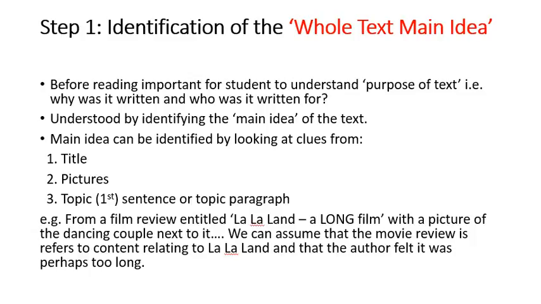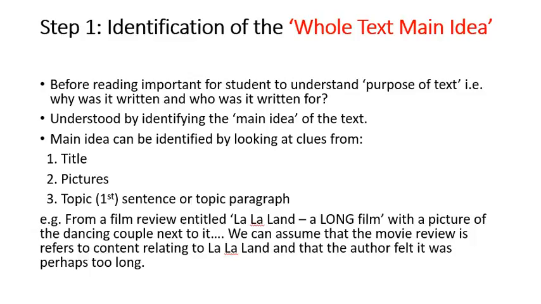So what is the main idea? It's the purpose of the text. So it's identifying why the author wrote the text and who it was actually written for. And there are clues to being able to identify the main idea of the text. You can look at the title or the heading.